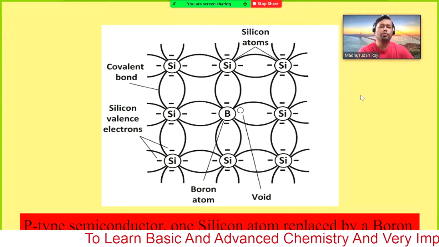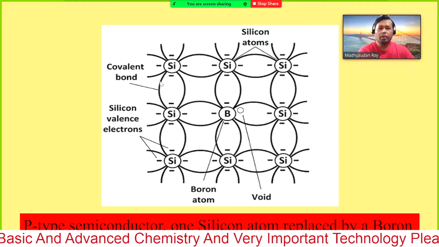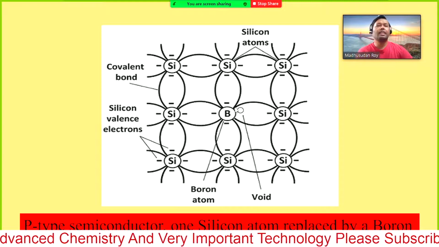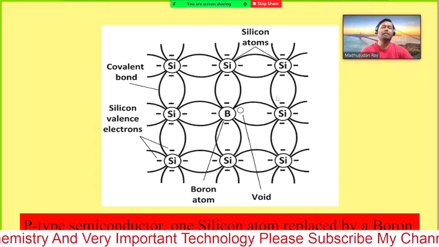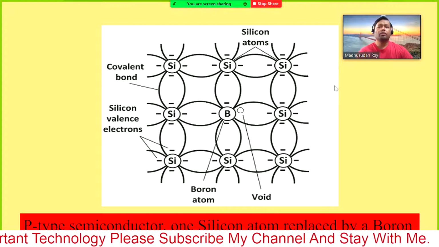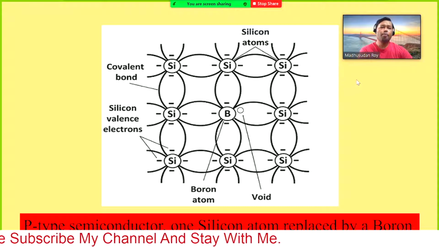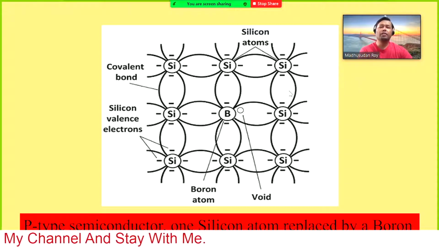If we apply some potential difference between the two different ends of the crystal, 1 electron can come here.